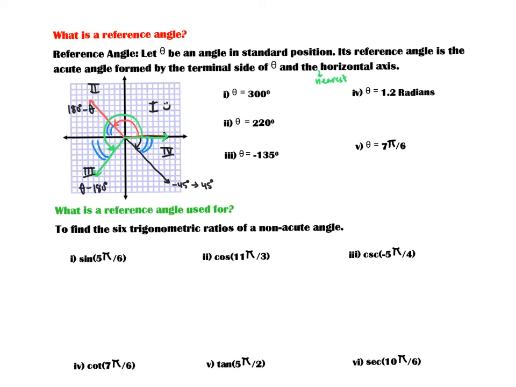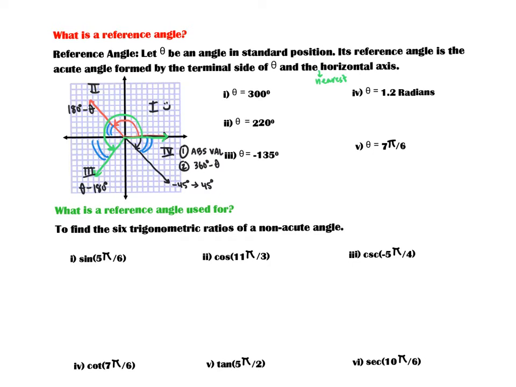Okay, so let's look at a couple of examples. In part 1 here, it says theta equals 300. Well, 300 falls in quadrant 4. Now, I guess there's two cases. One case is take the absolute value, and the other case is 360 minus theta.